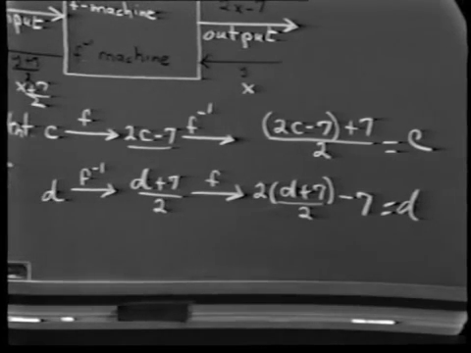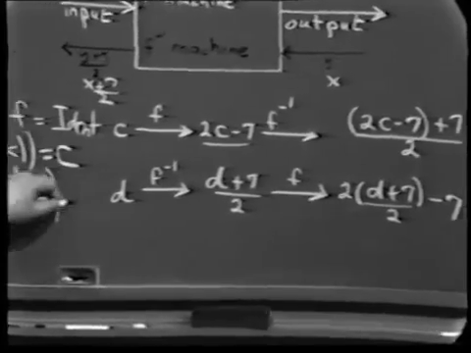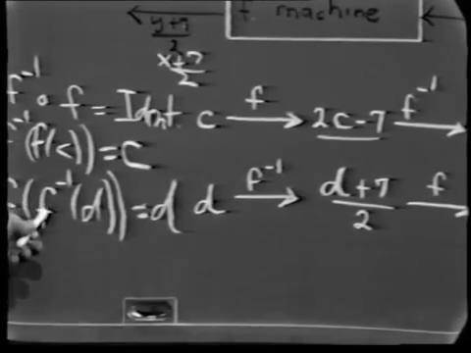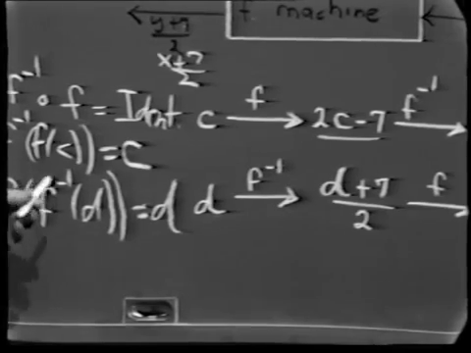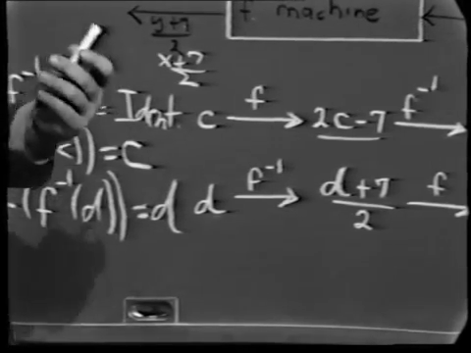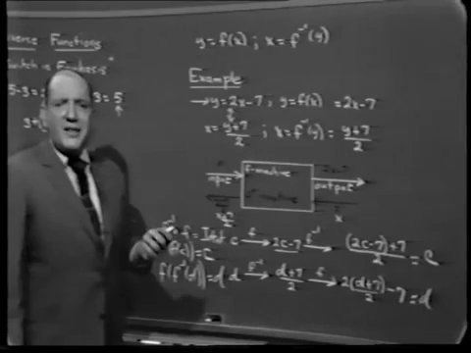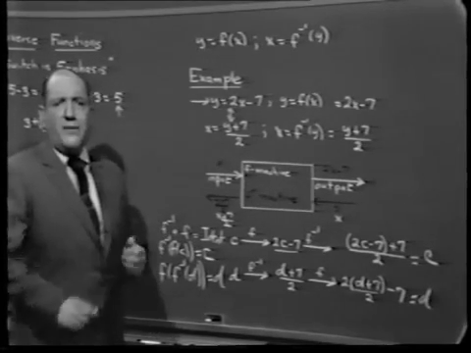In other words, again, f of f inverse of d gives me d back again. In other words, in terms of composition of functions, f followed by f inverse, or f inverse followed by f, is what we call the identity function. That one is truly the inverse of the other from that particular point of view.